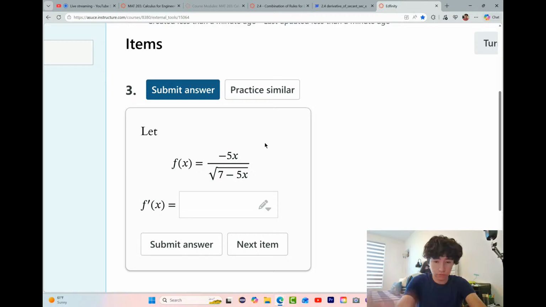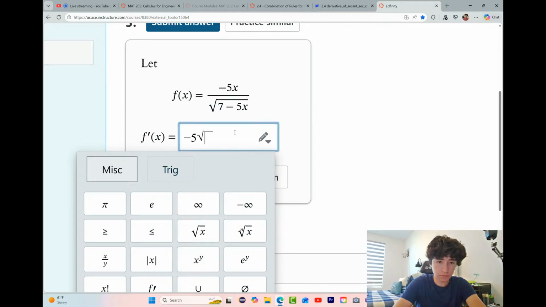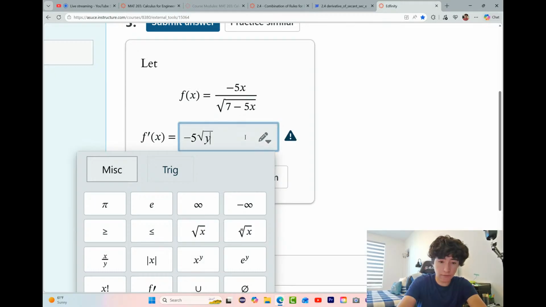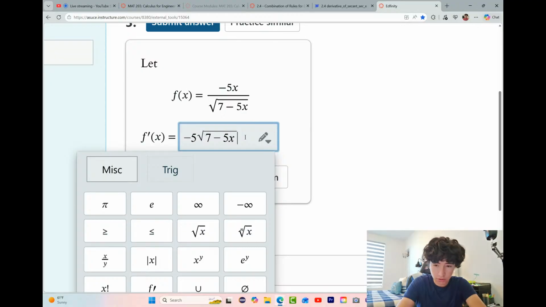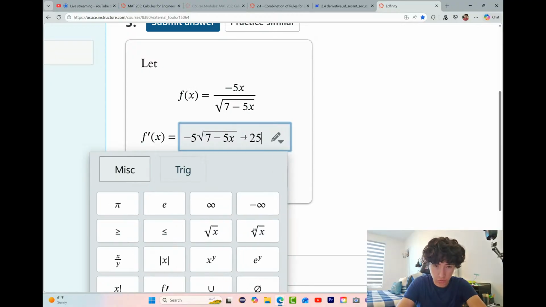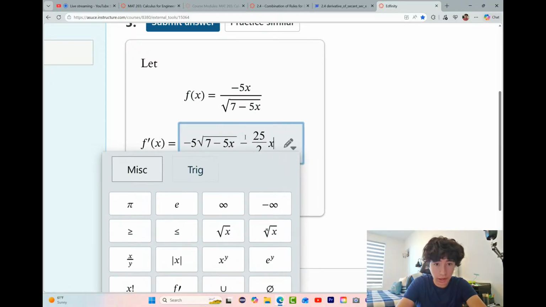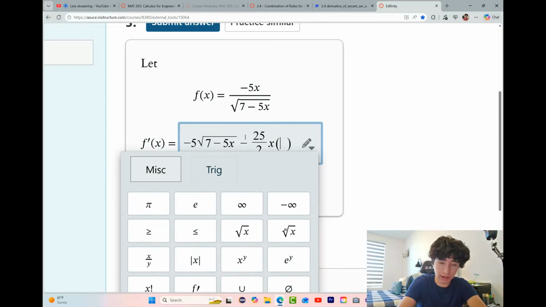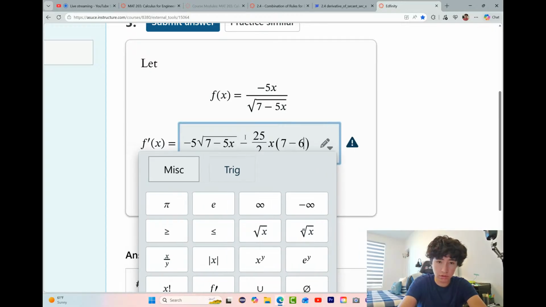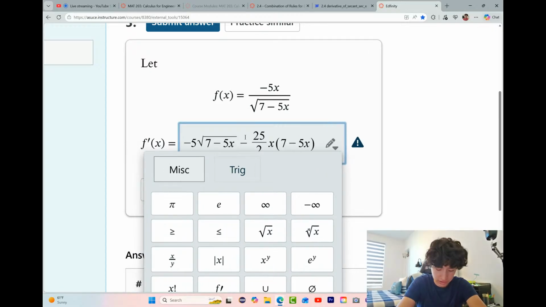All right, here we go. So we have negative 5 square root of 7 minus 5x minus 25 over 2 x times 7 minus 5x.